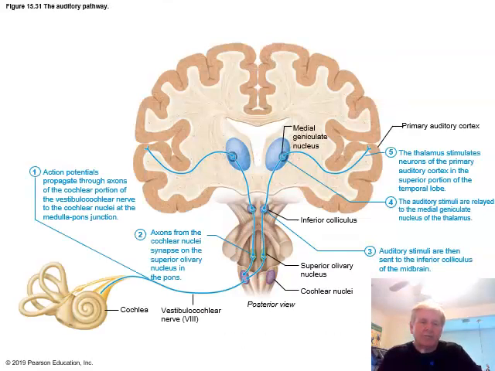So hearing, first you have your action potentials propagating through axons of the cochlear portion of your vestibulocochlear nerve to the cochlear nuclei at the medulla pons junction. Then you've got a second order neuron, where you have the axons from the cochlear nuclei.